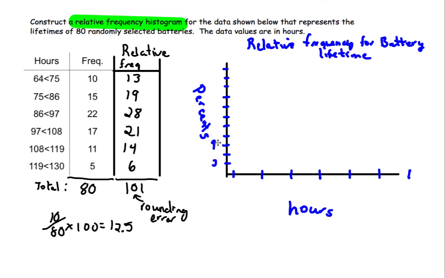So 3, 6, 9, 12, then 15, 21, 27, and ending with 33. So I needed to go from 6 to 28. On my x-axis, it's the same labeling: the beginning of each class, and the ending of the last class is your last tick mark.